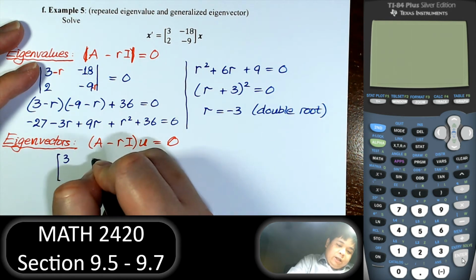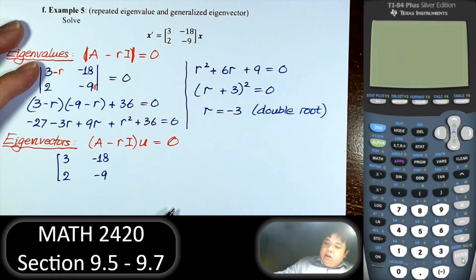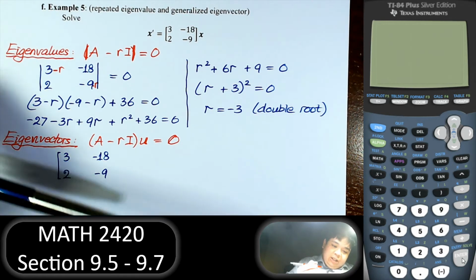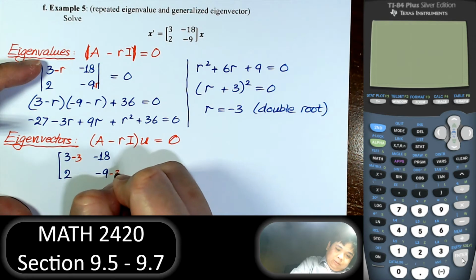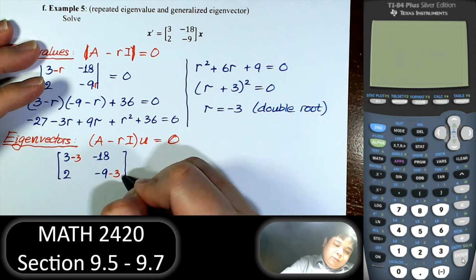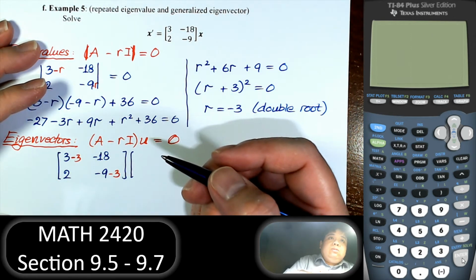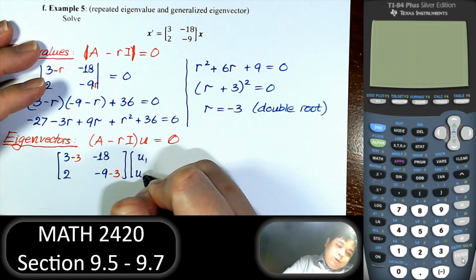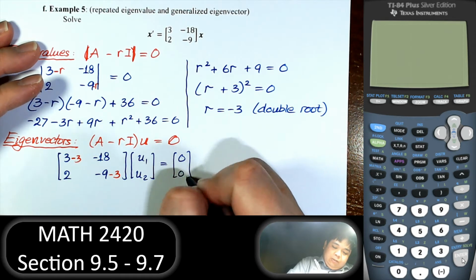So [3 - R, -18; 2, -9 - R], where R is negative 3, times [U1, U2] equals [0, 0].